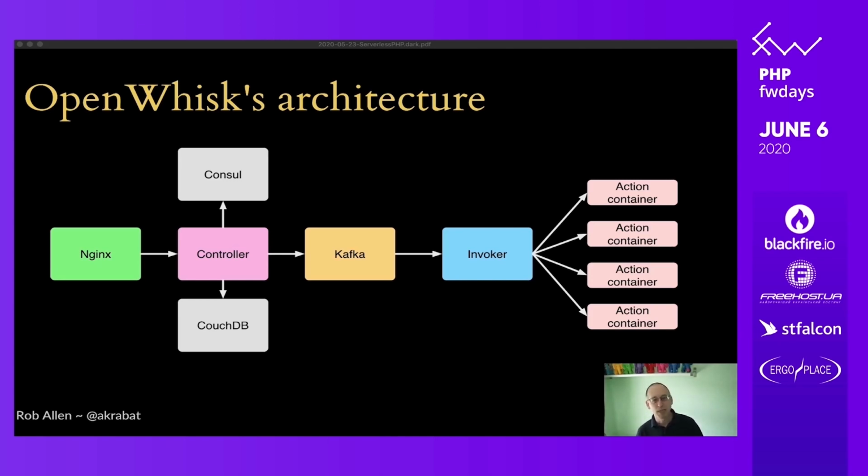Persistence in CouchDB, so that we're going to store anything into there. We're going to use Kafka for queues so that we can manage our operations. And then we have an invoker that will deal with actually running and marshalling our action containers. The action containers are where our source code is going to run, and they're individual ones for each runtime, for each language, and for each action.